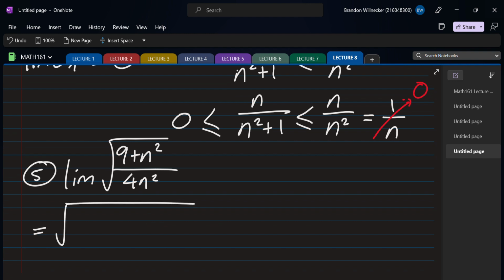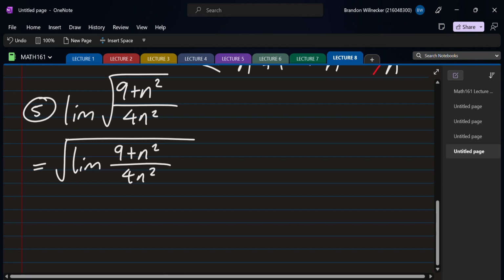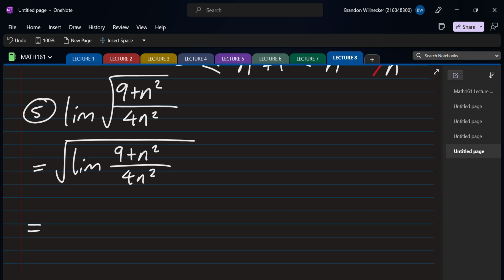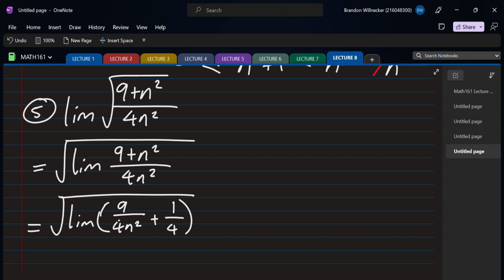So interchanging those two, we get the square root of the limit of (9 plus n squared) over 4n squared. We can simplify this, so this will be the square root of the limit of 9 over 4n squared plus n squared over 4n squared, that's just a quarter.